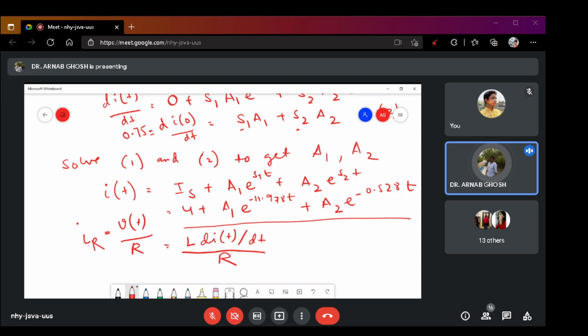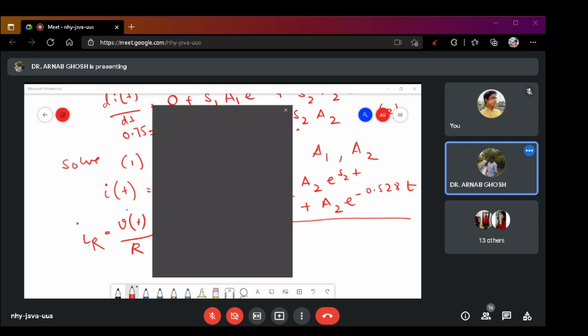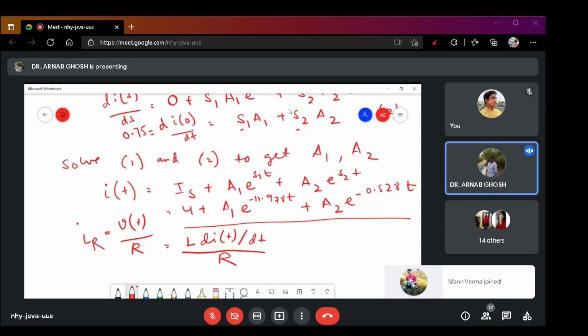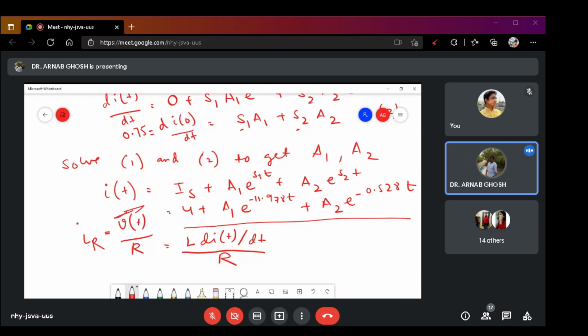You differentiate this expression, you get the value, and you can calculate IR. So you have to differentiate di by dt. Then you get L by R into di(t) by dt. So this is how you calculate IR.